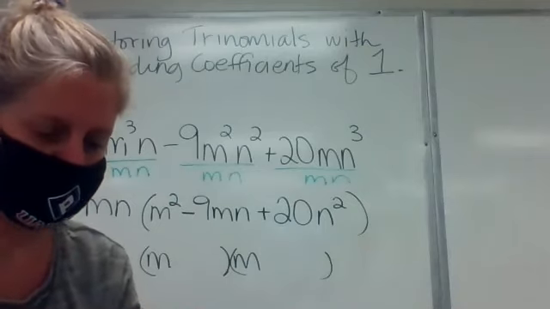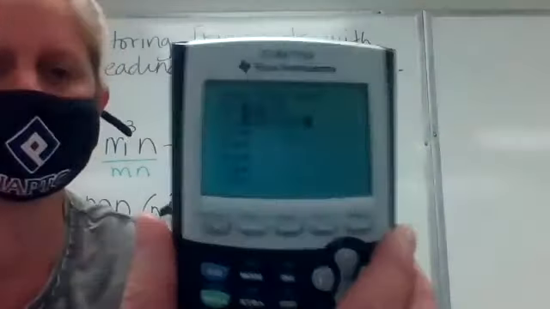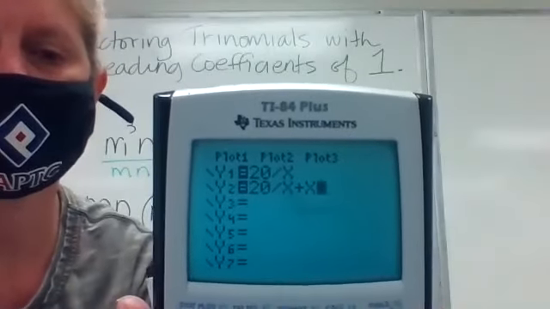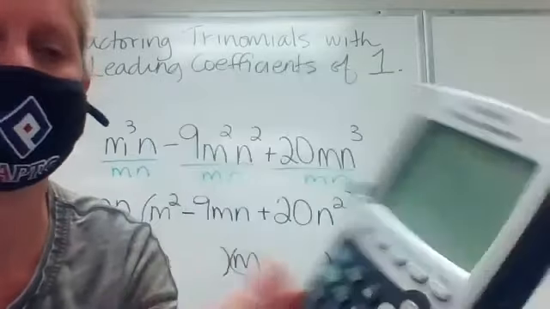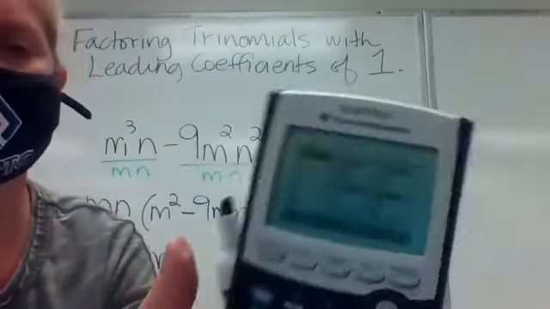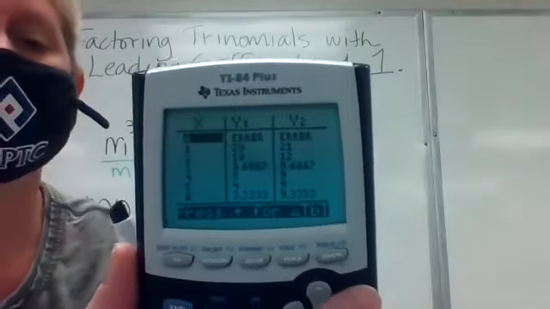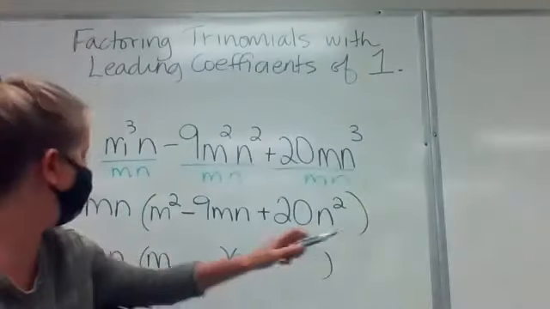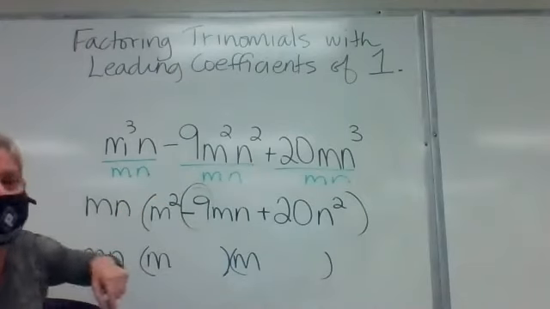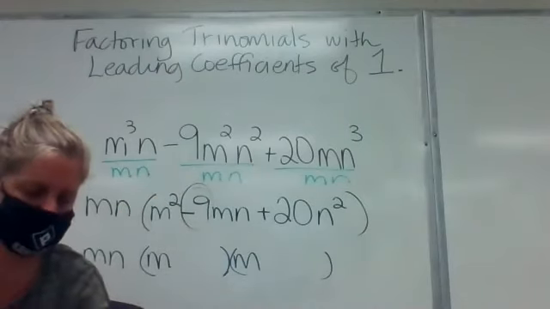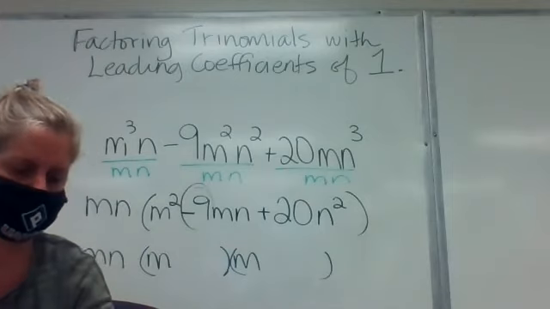So it should look like this. And then you want to see your table. So go to second table. What number are you looking for? What's your middle number? -9 is what you're looking for in your last column.